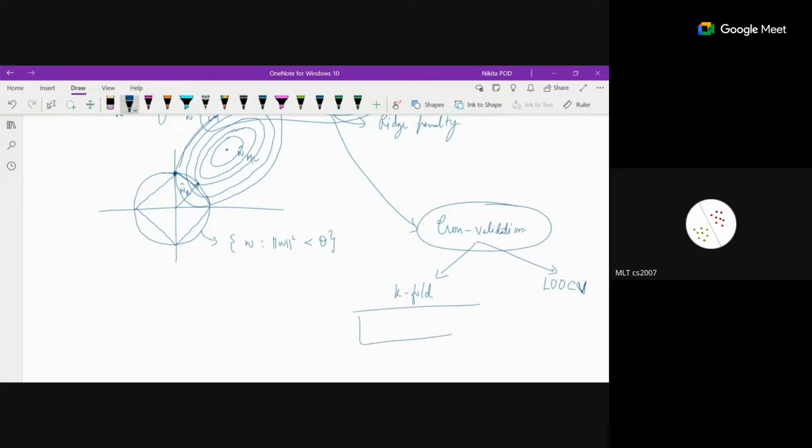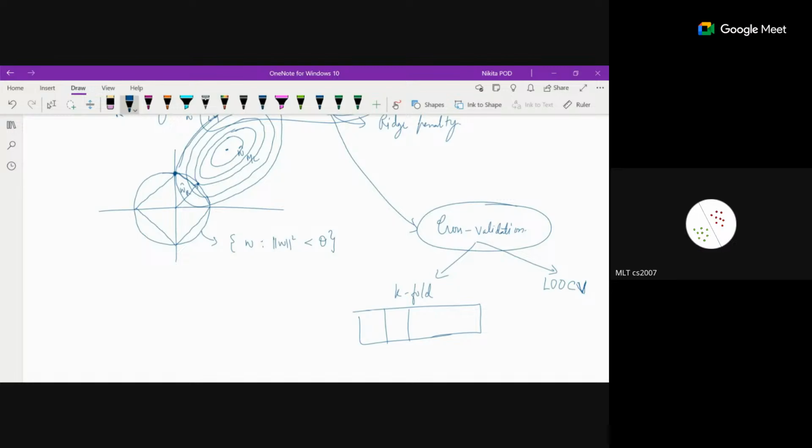For k minus 1 folds, you use those sets for training, and the remaining 1 fold you use as a validation set to test the performance.